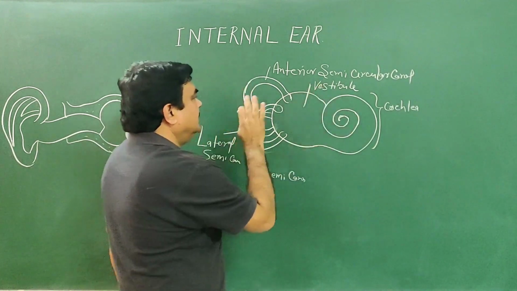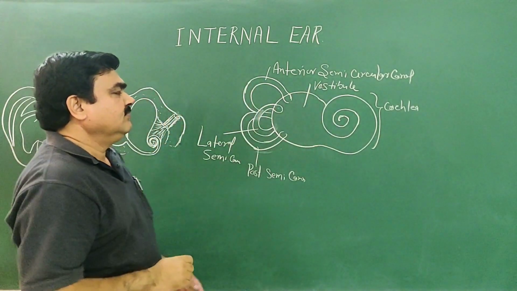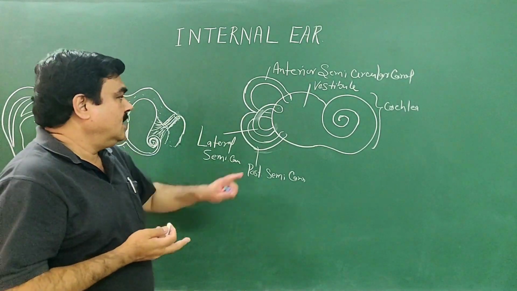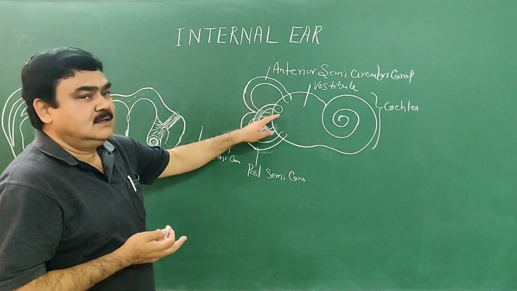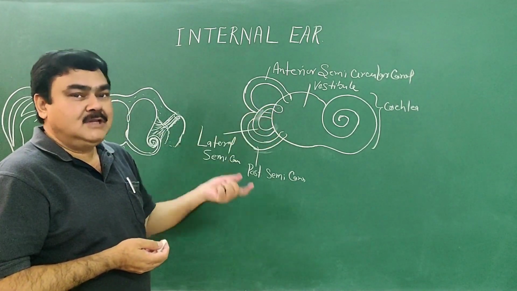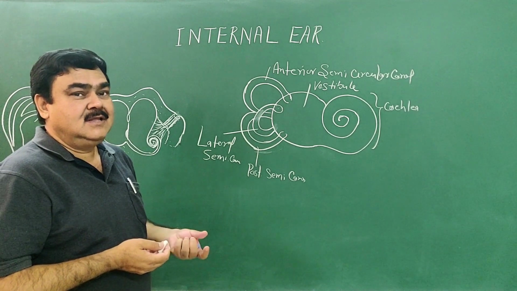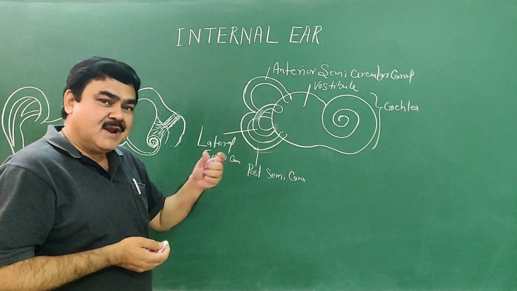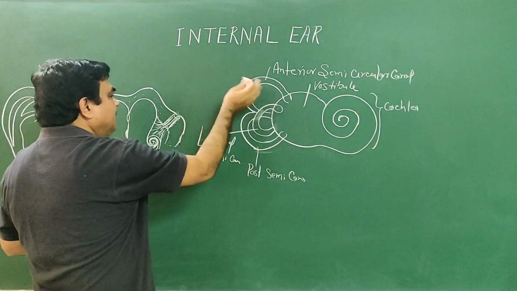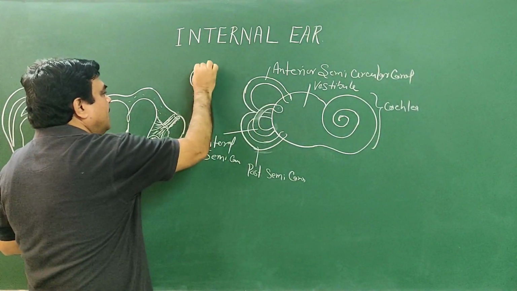Each part of the internal ear has an outermost part, that is the bony labyrinth. Within the bony labyrinth there is the membranous labyrinth.